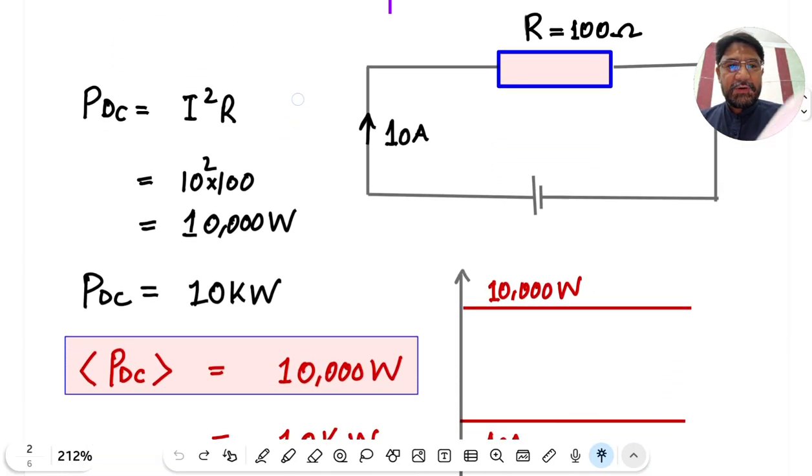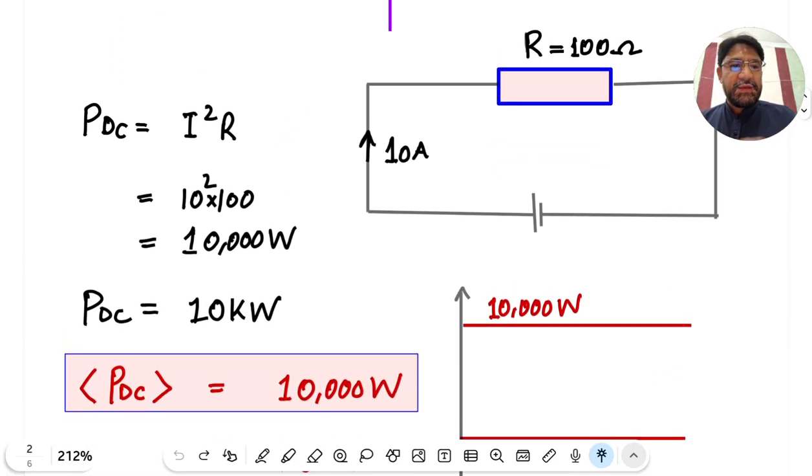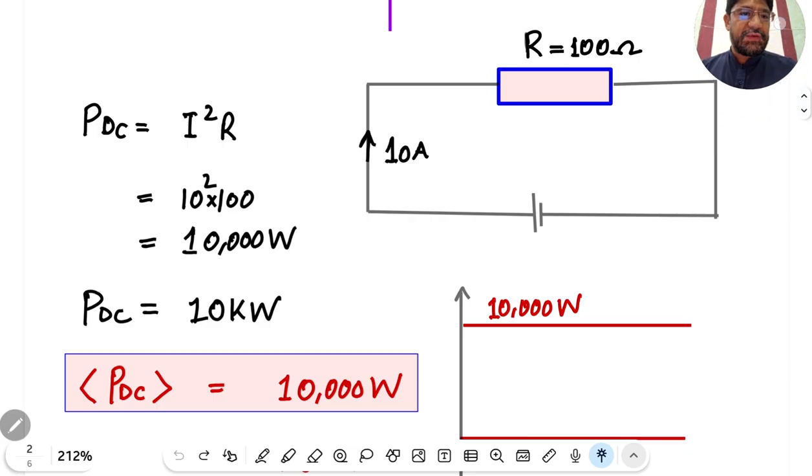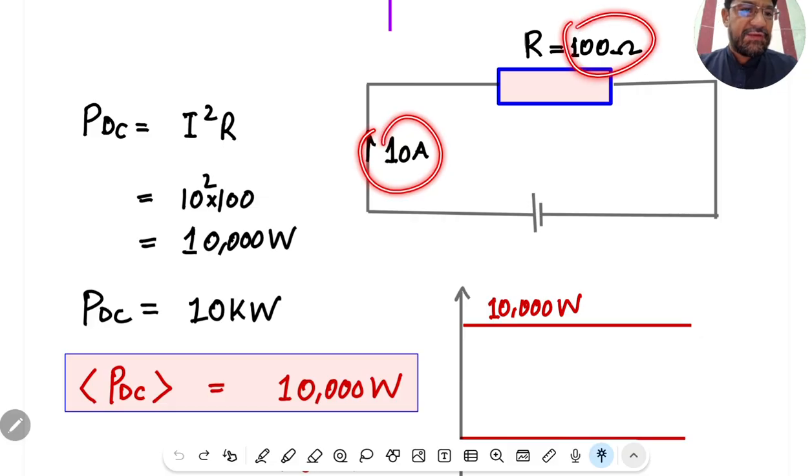Now I will talk about the same situation in terms of power. The average power dissipation of your direct current can be calculated how? The simple formula for power is I square into R. The current is 10 ampere, the resistor is 100 ohm.